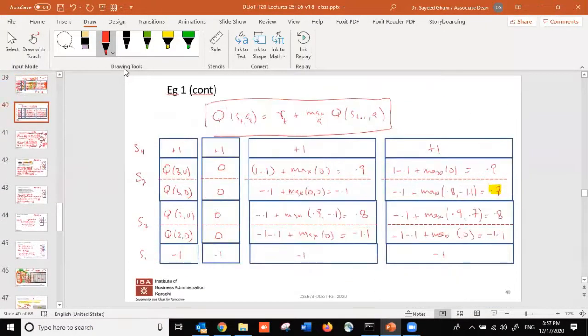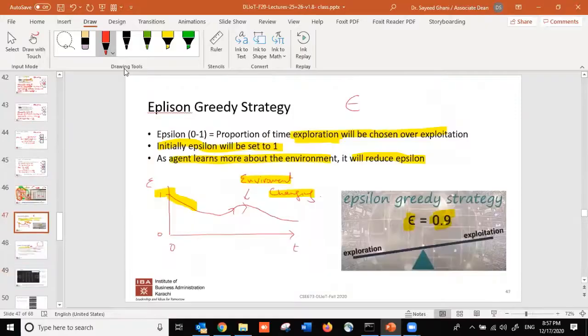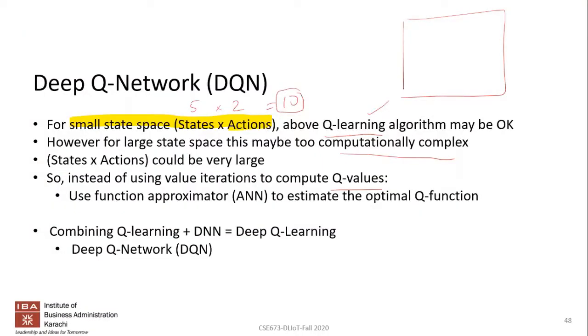We were iterating through and finding the updated Q values using a complex table, and you can imagine that this becomes extremely computationally expensive. So when the state-action space is extremely large, as in real cases, we use a DQN, or deep Q network, which is basically the combination of Q-learning with a deep neural network.